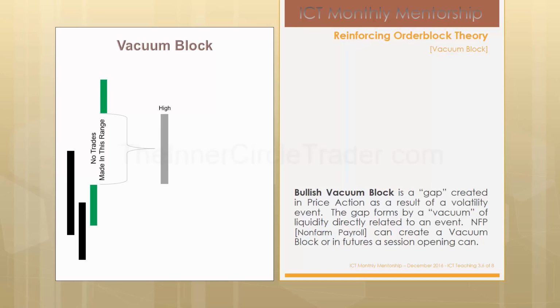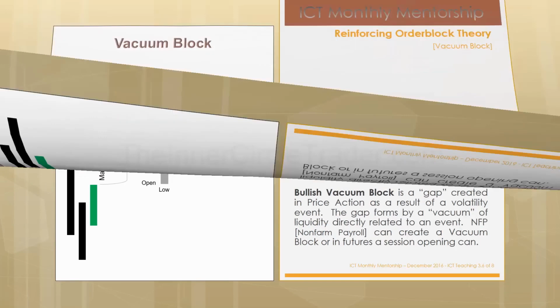There's an absence of liquidity there, an absence of price being traded there, but we're defining it as the high and the low of the gap. If we looked at it in terms of a candle or a bar, it would be just the same as anything else. We would expect to see a mean threshold, an opening, and a close. So we're just going to treat it just like any other candle.